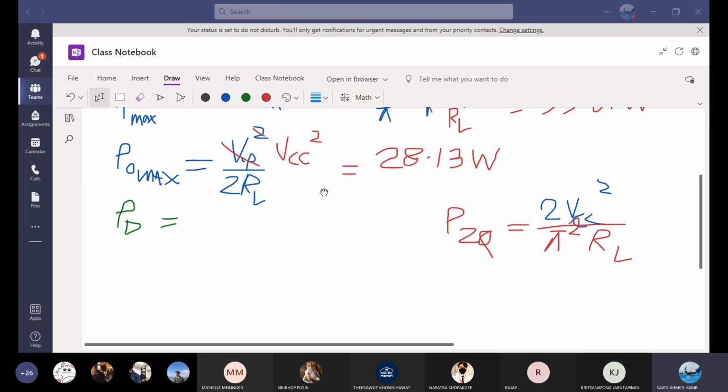So you divide by 2, you get 5.7 watt. Under maximum condition, in a pair of transistors, each will be handling about 5.7 watt dissipation.